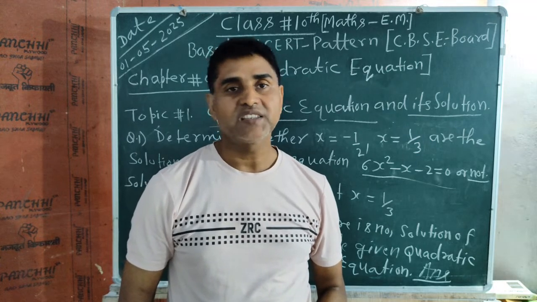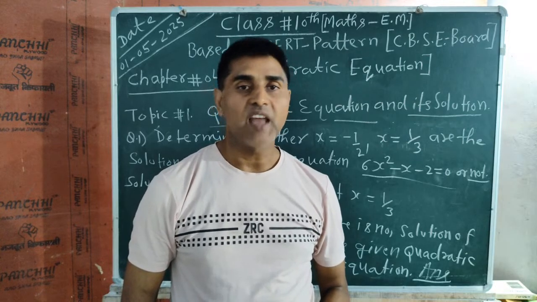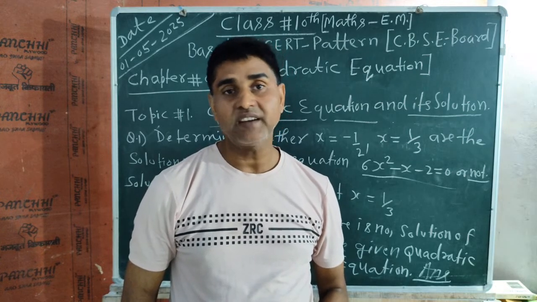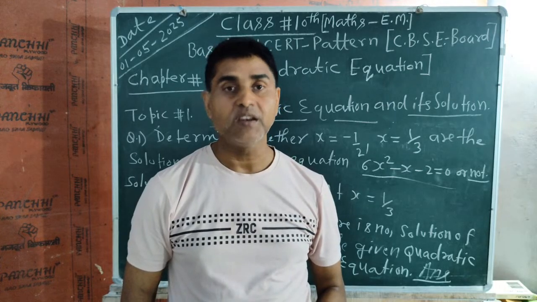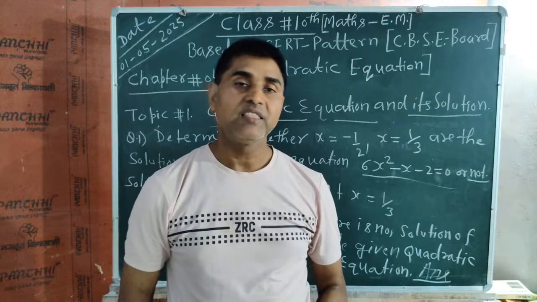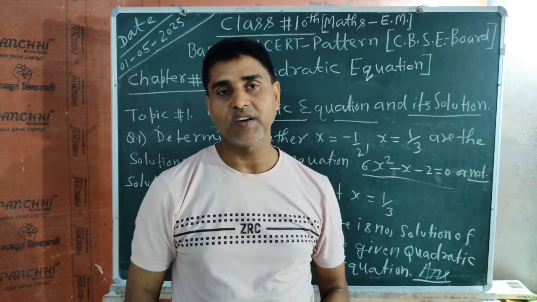After simplification, if I get the value of f of alpha which is equal to 0, then I will say at x is equal to alpha, there is a solution of the given quadratic equation. Yes, there is one root of the given quadratic equation.